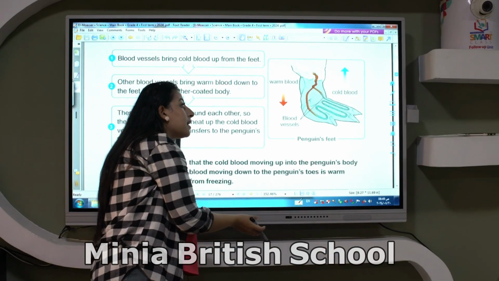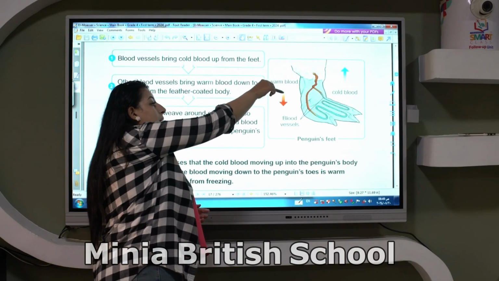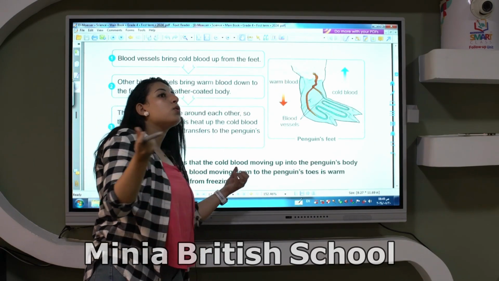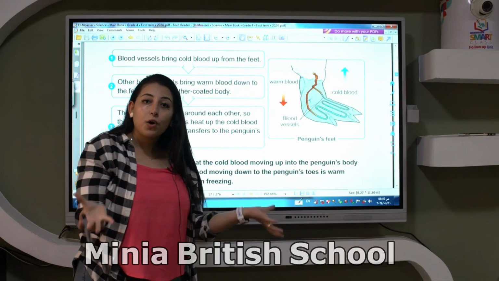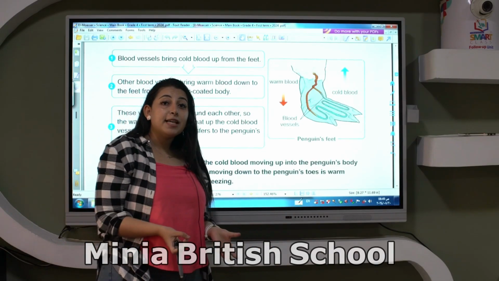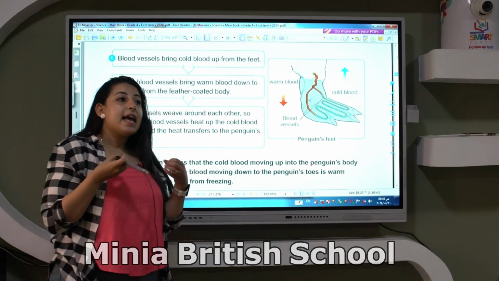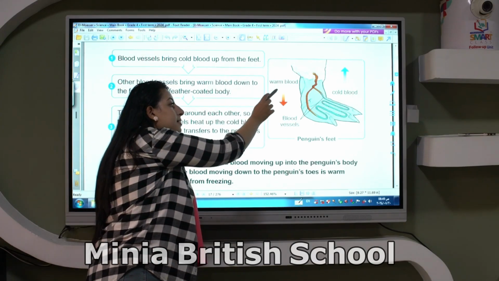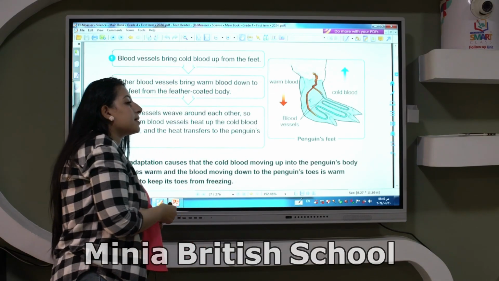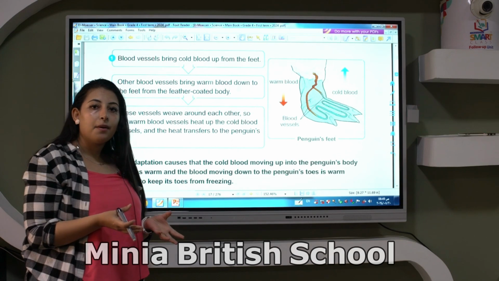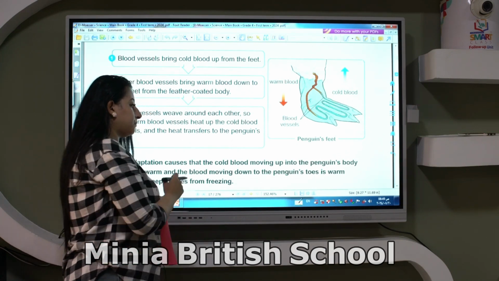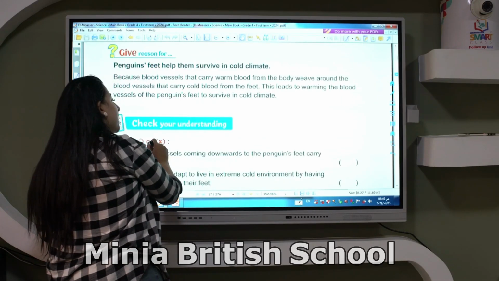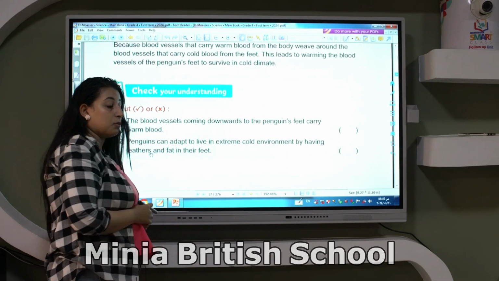So the blood that moves upward feels warm. So penguins feel warm in Antarctica, in extreme coldness. Why? Because the warm blood vessels wave around the cold blood vessels and heat them up. Okay. Let's answer some questions to make sure that we understand, okay?